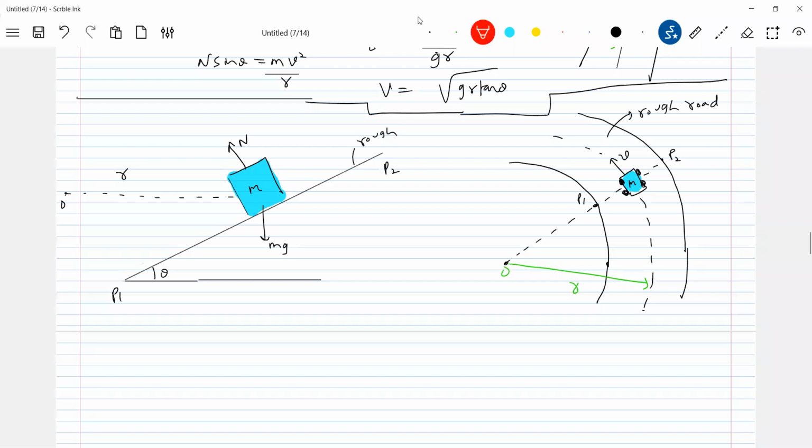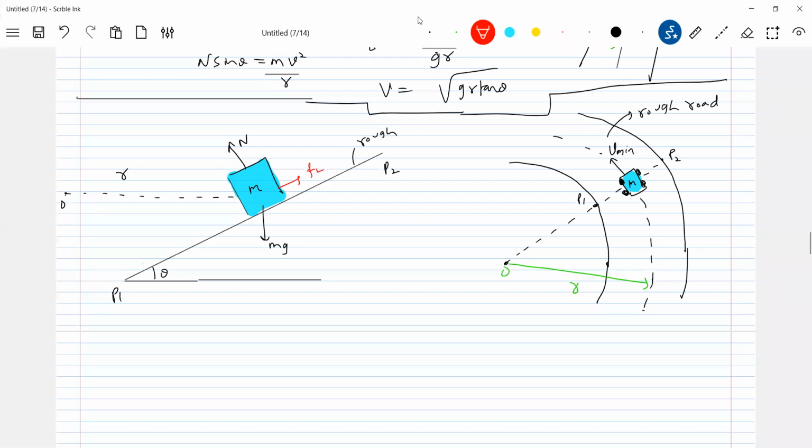How should it act? When the car is moving with a minimum speed, first I'm discussing the problem for the minimum speed. Then the friction will act in this direction. Then what about the pseudo force?